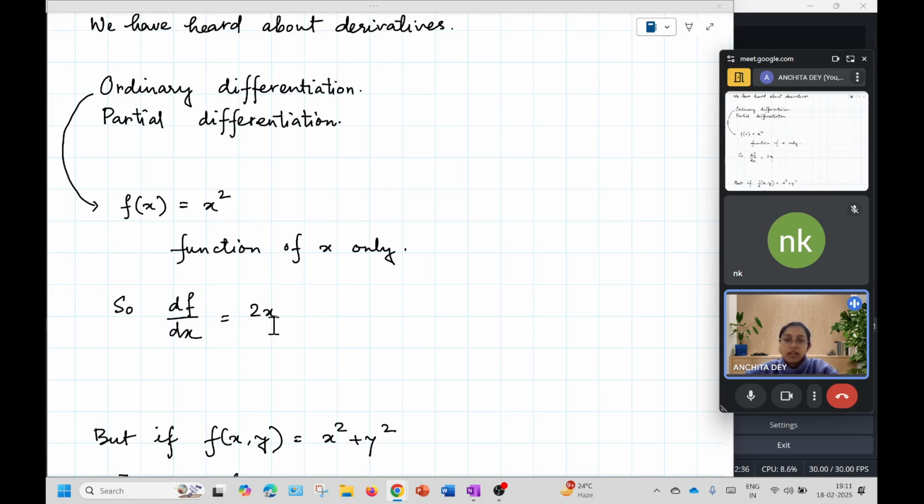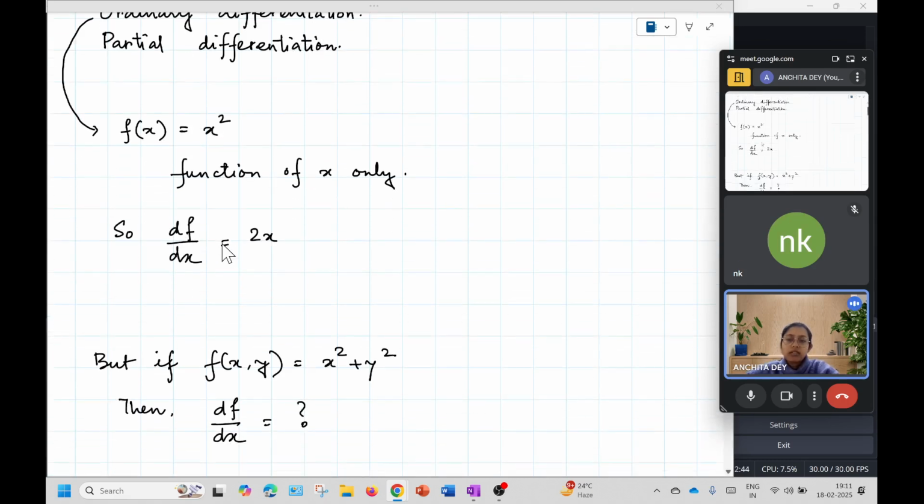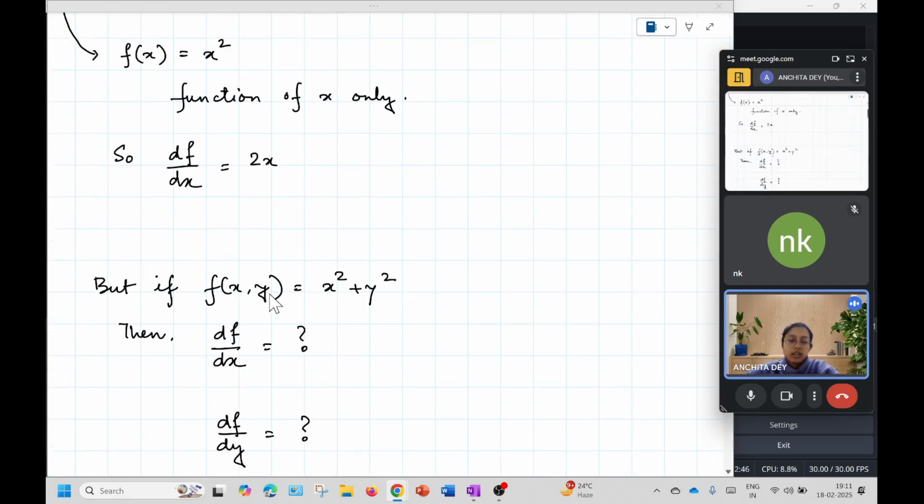This is the simple idea of differentiation. Now, instead, if we had f of x, y, a function of two variables, given by x square plus y square, then what would be df dx or df dy?